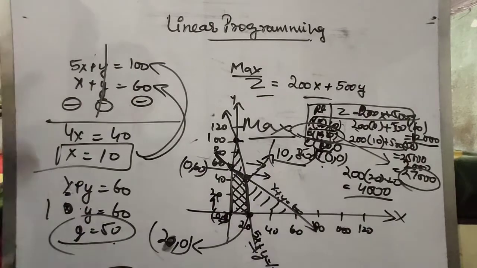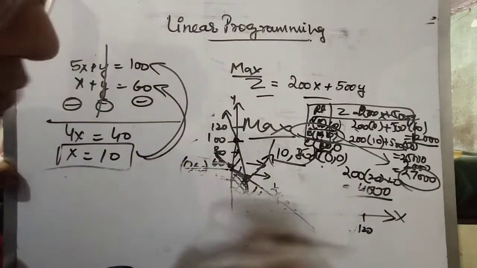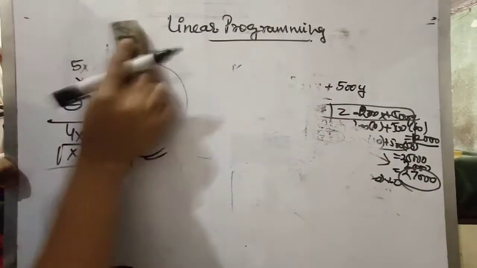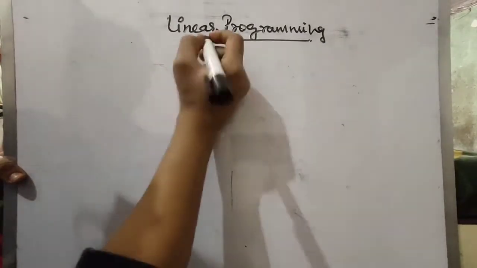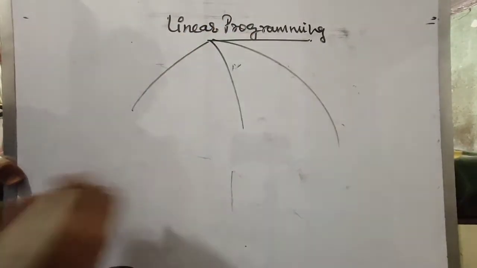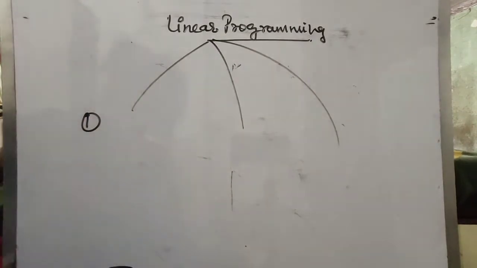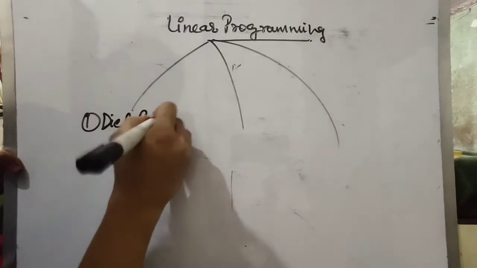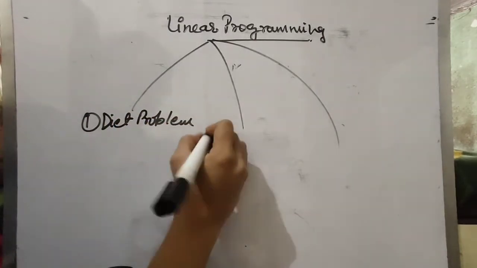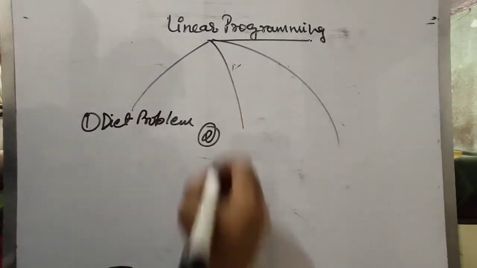So now coming to the very first problem, I'll first write the three types of problems that will make up your questions. First problem is the diet problem. Second problem is the manufacturing problem.